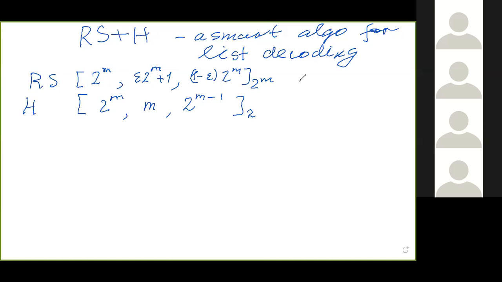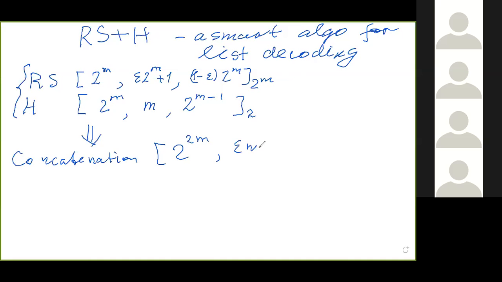So anyway, when we concatenate these two codes, we obtain a code with parameters 2 to the 2 times m, epsilon m 2 to the m, actually plus 1, but we skip this plus 1.